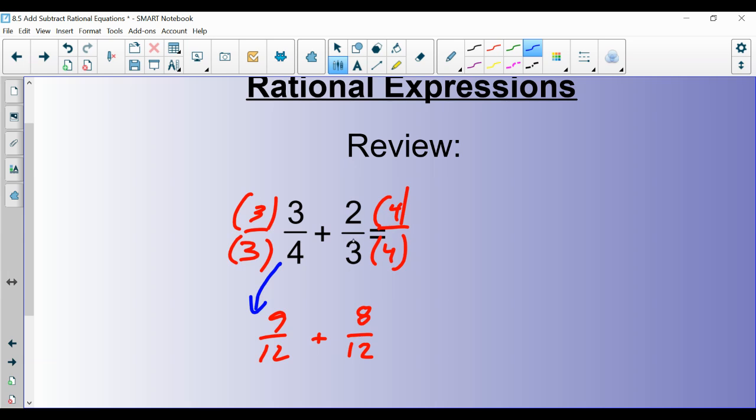If you simplified it, you would get 2/3. Once your denominators match, you add the numerators together and you get 17, but you keep the denominators the same. So you do not add or subtract the denominators. Once the denominator is the same, you keep the denominator and you only add the numerator, ending up with an answer of 17/12. It's very exciting.